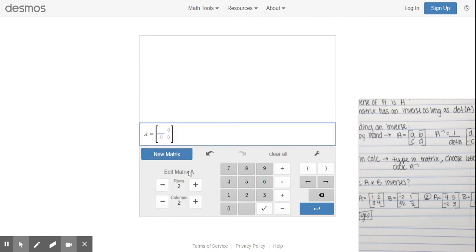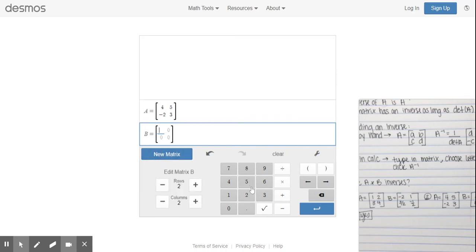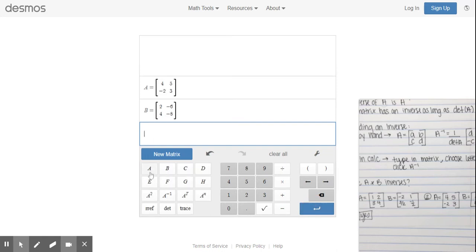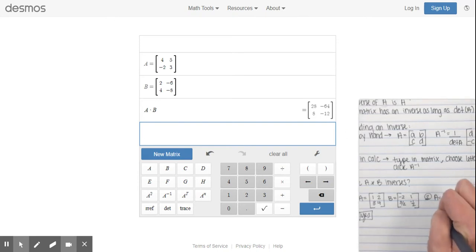So our new matrix is going to be 4, 5, -2, and 3. Our next new matrix, you can't see it on the screen, but it's 2, -6, 4, and -8. All right, so we're going to do A times B. And does that give us an identity matrix? No. So your answer for number 2 would be no.